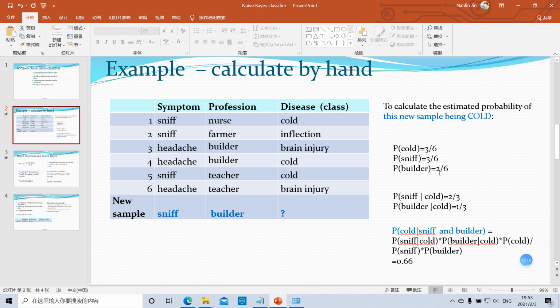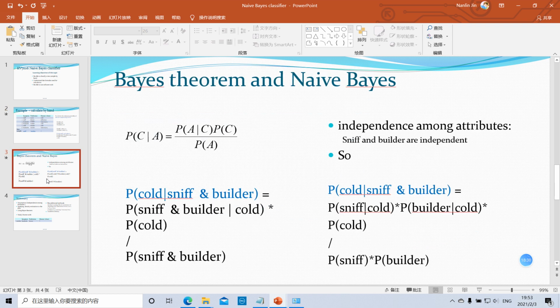One is 3/6, the other is 2/6, okay? So the probability is 1 divided by 6. Okay, so that gives us the answer.